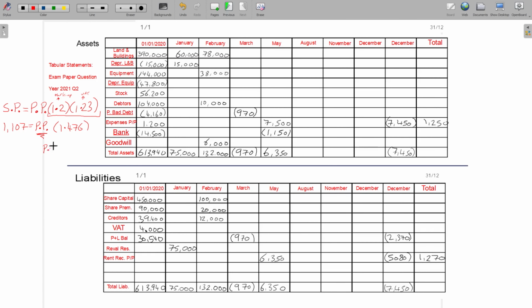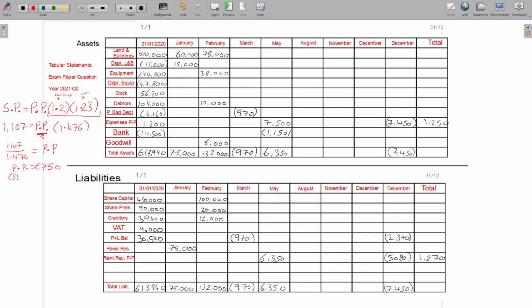So now we can get our purchase price is equal to 1,107 divided by 1.476. Our purchase price is €750.